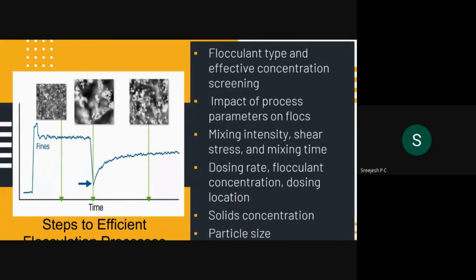All these aspects need to be taken into consideration, and we need to develop a standardized protocol to optimize all these parameters. So we need to optimize the mixing intensity, mixing time, dosing rate, flocculant concentration, temperature and pH when you do the optimization studies.